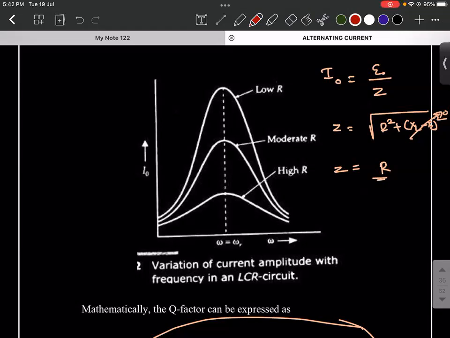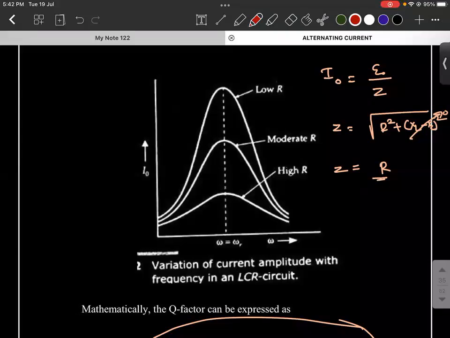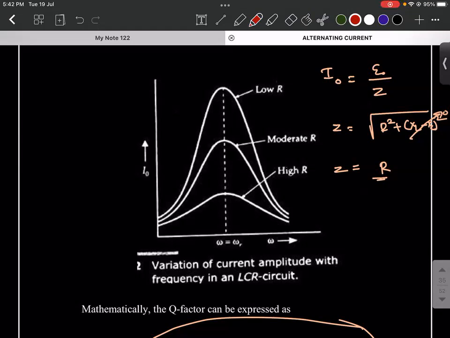A series LCR circuit behaves as a purely resistive circuit. Is that point clear?